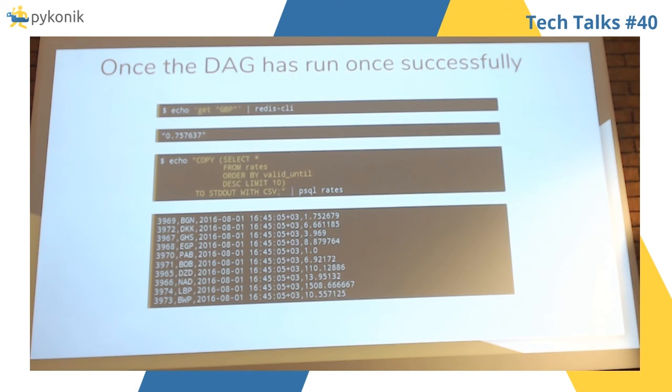And when we try to use this process, we can echo the Redis cache. We see there is some information about rates for GBP. When we query Postgres, we get the latest rates, as you see.